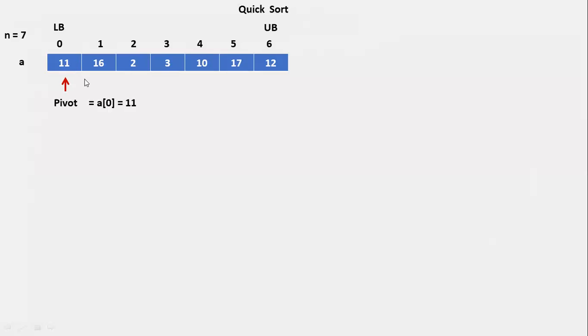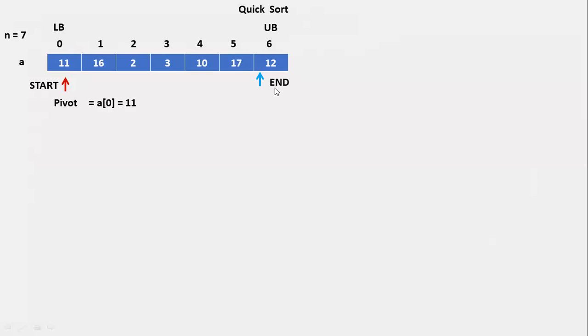So now we are going to consider two variables. One variable is the start variable and the other one is the end variable. The start variable we are placing here and the end variable we are placing at this particular position.